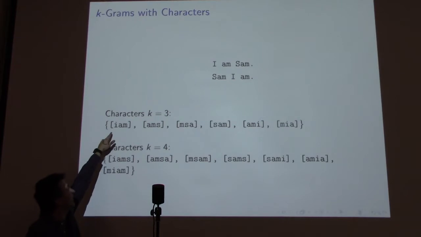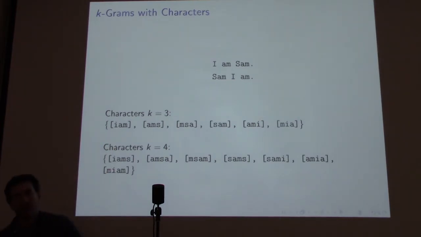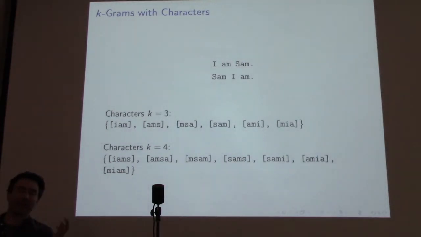So maybe the first one was I space A. That would be a reasonable thing to do. Maybe I want to distinguish between people who use 2 spaces after a period or 1 space after a period. And so I want to count if there are 2 spaces or something like that. Or there's a return at the end of a line. Maybe that matters, right? So how do I deal with the white space? Yeah, so I could have included it, or I can decide not to include it.